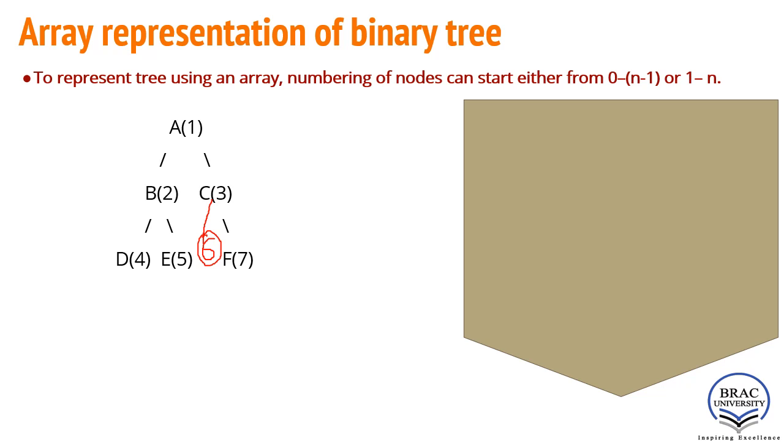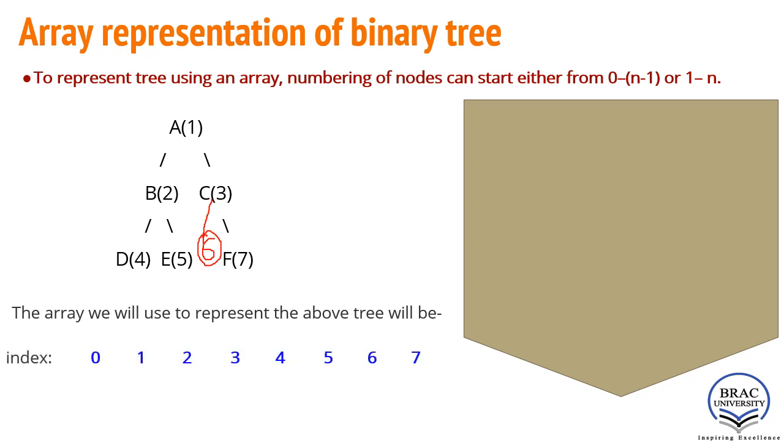As there is no node in the 6th index, that's why we need to set the value of this index as null. So the array representation will be for index 0 to 7. Yes, the index will be from 0 to 7 because we start our index from index 1.